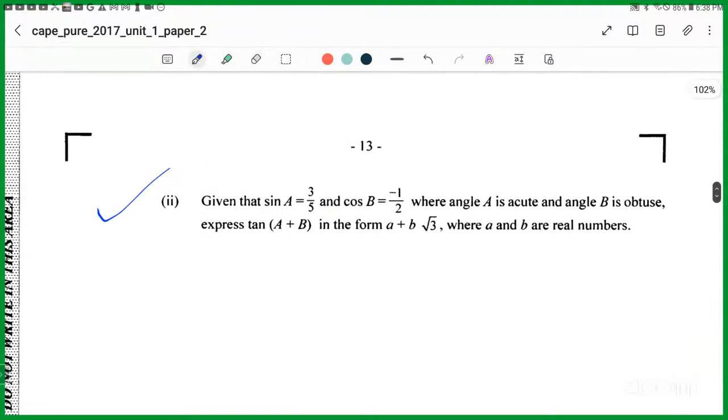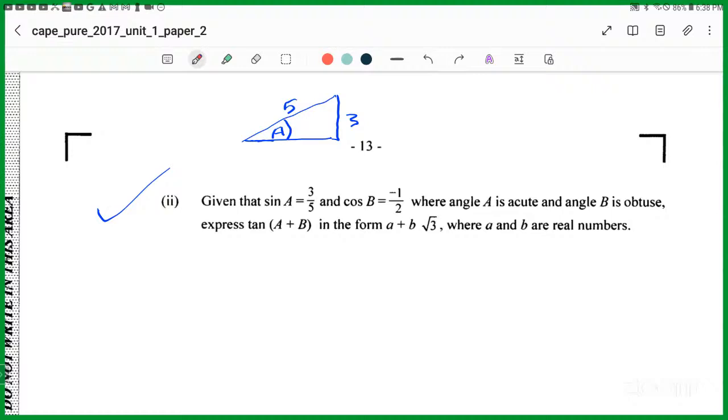All right, so for this one, you have a quadrant diagram like this, and the angle is acute. So your triangle is in the first quadrant, where x and y are positive, everything positive. So the A is here, and the sine is opposite over hypotenuse. Opposite is 3, hypotenuse is 5, and so the unknown side is 4.